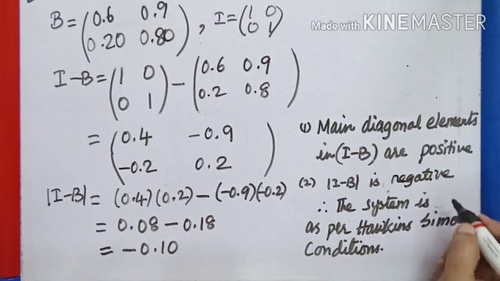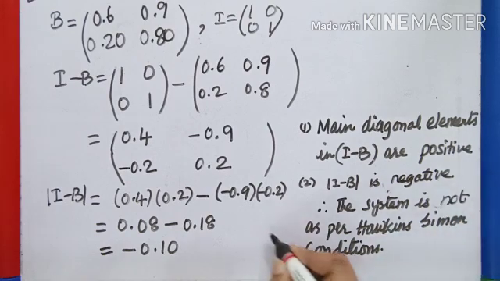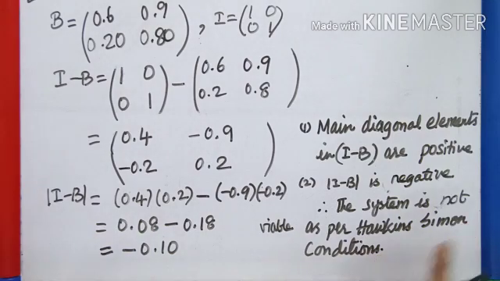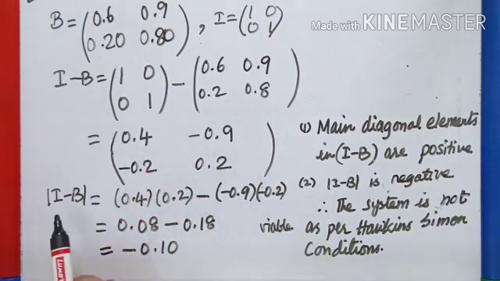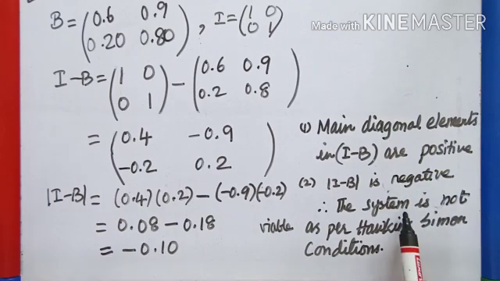So very important, the system is not viable. So sometimes the system may not be viable also. So Hawkins and Simon conditions help us to check whether it is viable or not. So even if main diagonal is positive, determinant is negative, we will immediately say the system is not viable.